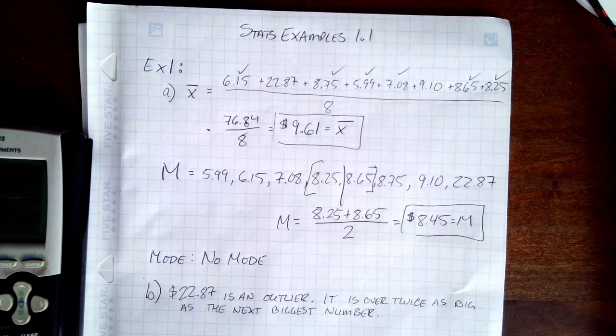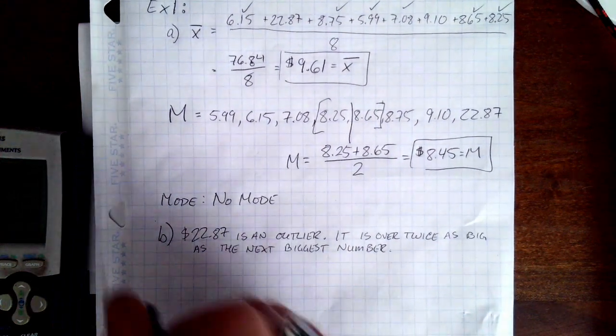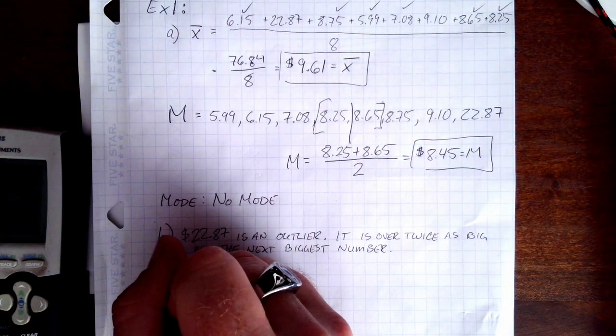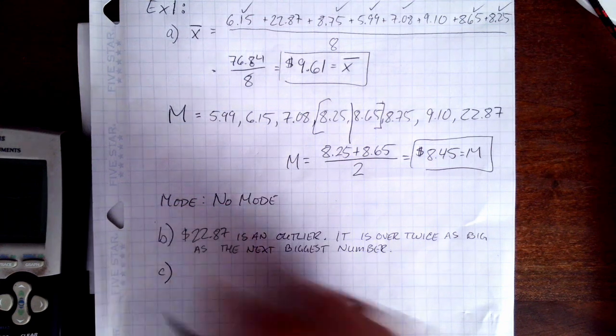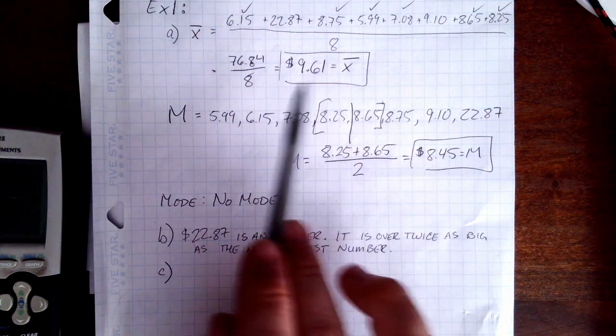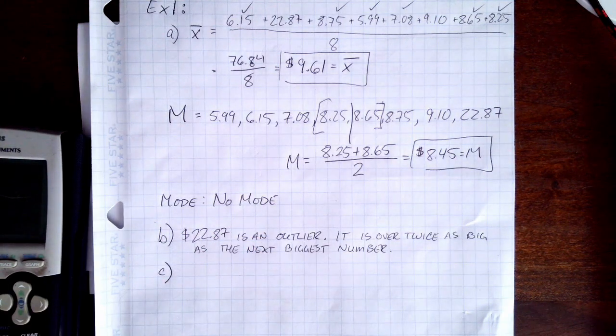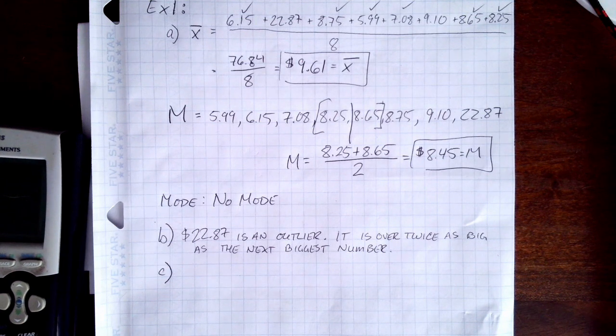And that helps us determine which is the best measure of center. So the best measure of center depends on how many outliers you have. If you have any outliers, then the median tends to be the best. If you have no outliers, the mean, the average, tends to be the best. And if they ask for the most popular or most common, then the mode is the best, but that doesn't show up very often.